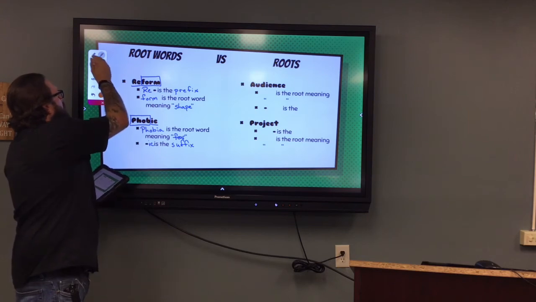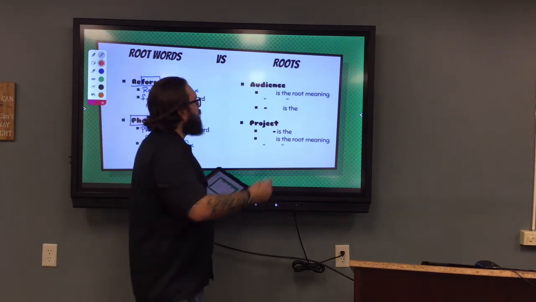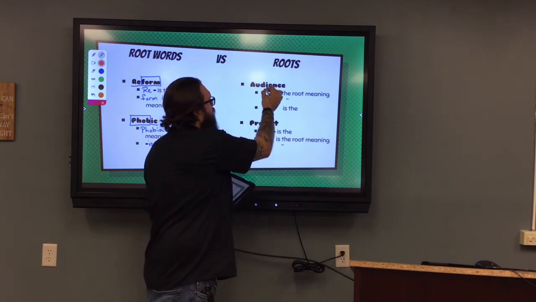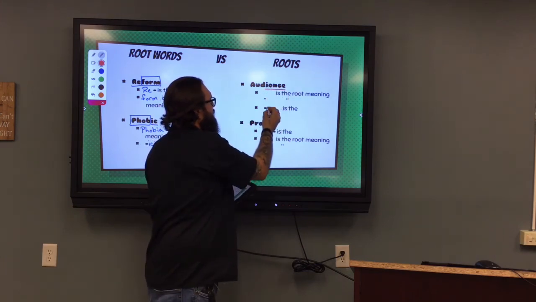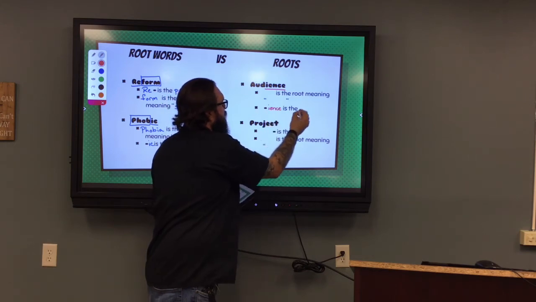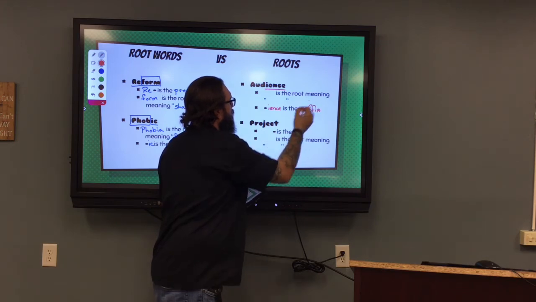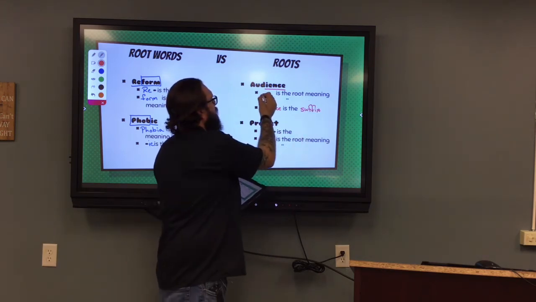On the other side, the word audience, we have ience, which is the suffix, and the root is aud, or odd.